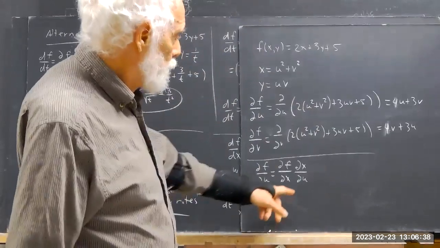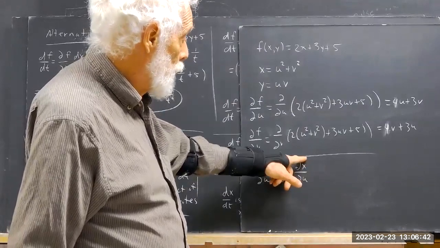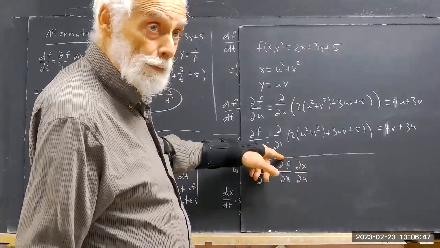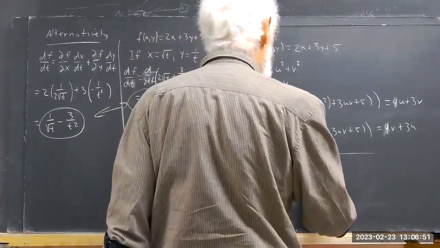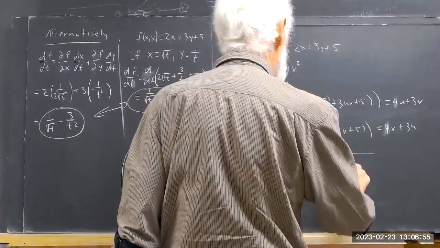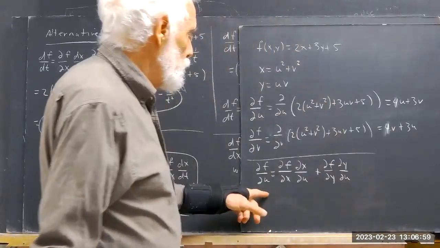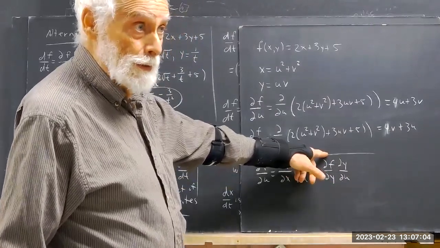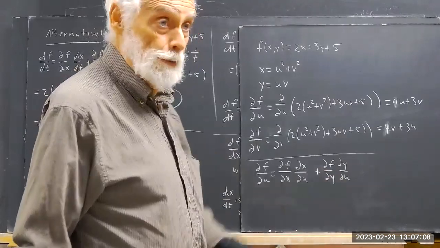So this is the contribution of a change in u to the change in x, which drives a change in f. But u also causes y to change. So a change in u causes a change in y, which then causes a change in f. Okay, and you add those two changes.